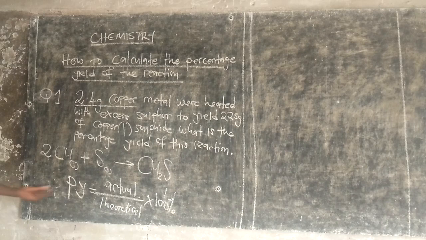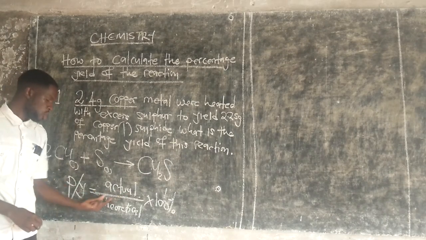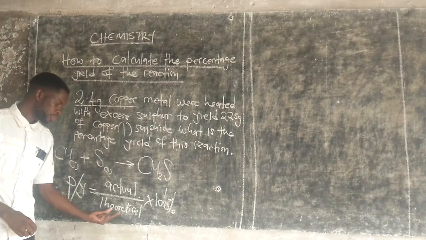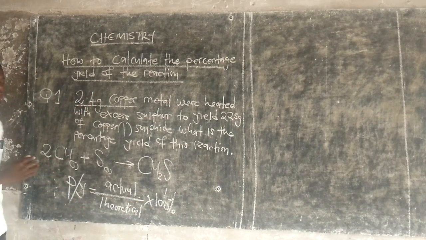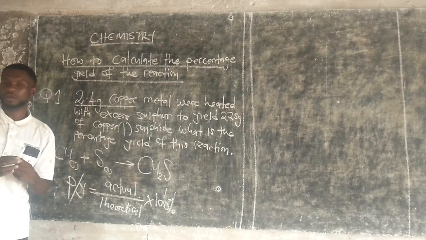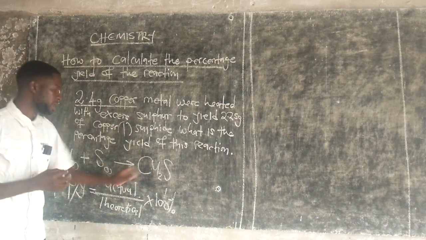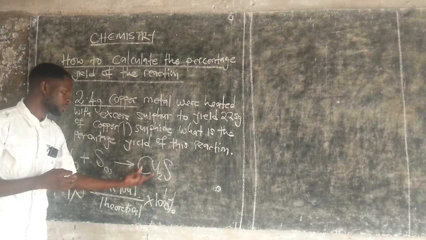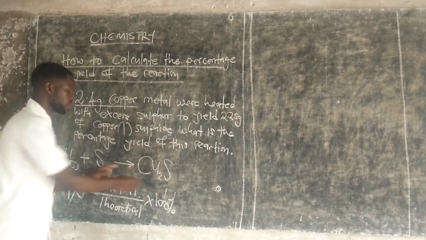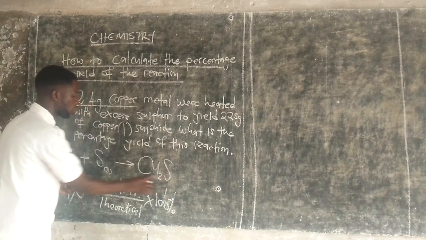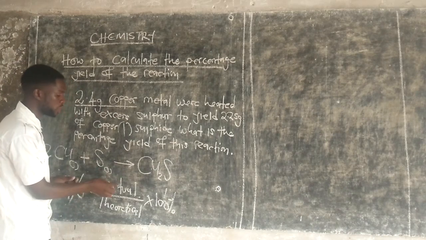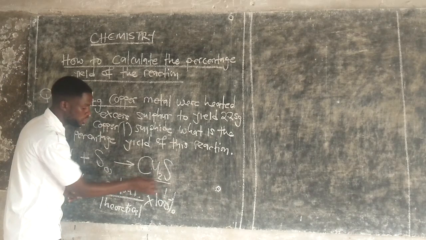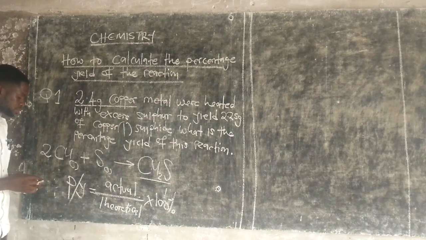Percentage yield is equal to the actual over theoretical multiplied by 100%. So here we are trying to calculate the percentage yield of a certain compound in this reaction, and in this case, the copper sulfate.